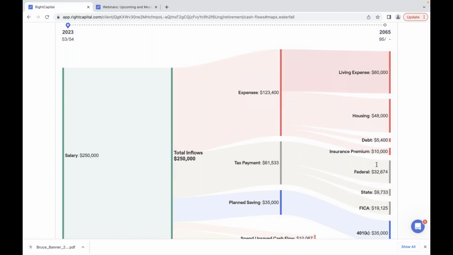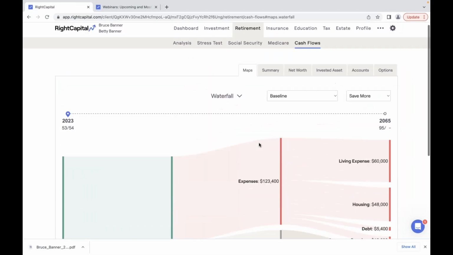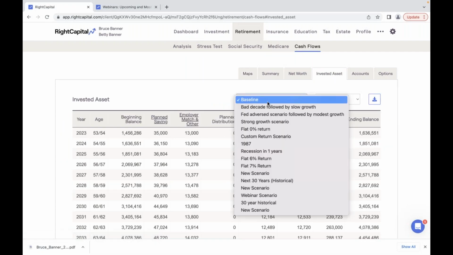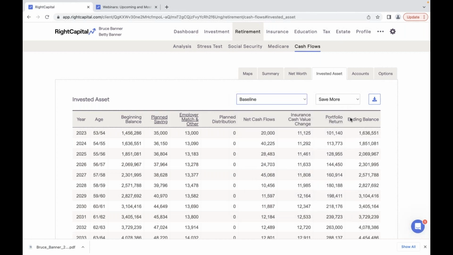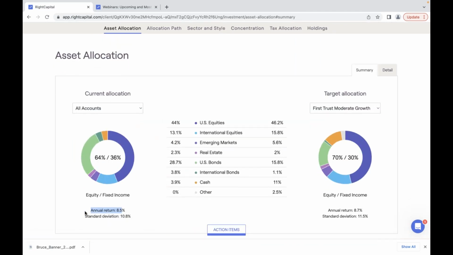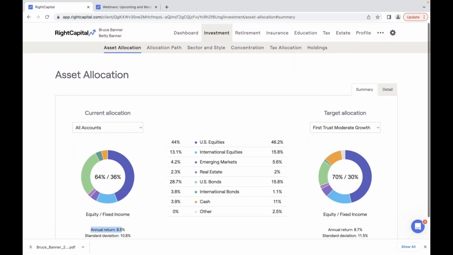Will the growth of investment accounts match the median Monte Carlo trial? So that's a really good question, and that's one that I always like to remind you all. The Monte Carlo is separate from the cash flows. So the growth in the invested assets area here is starting off just as a baseline, meaning a linear growth assumption that represents maybe what we see in the invested asset tab for our annual return overall.